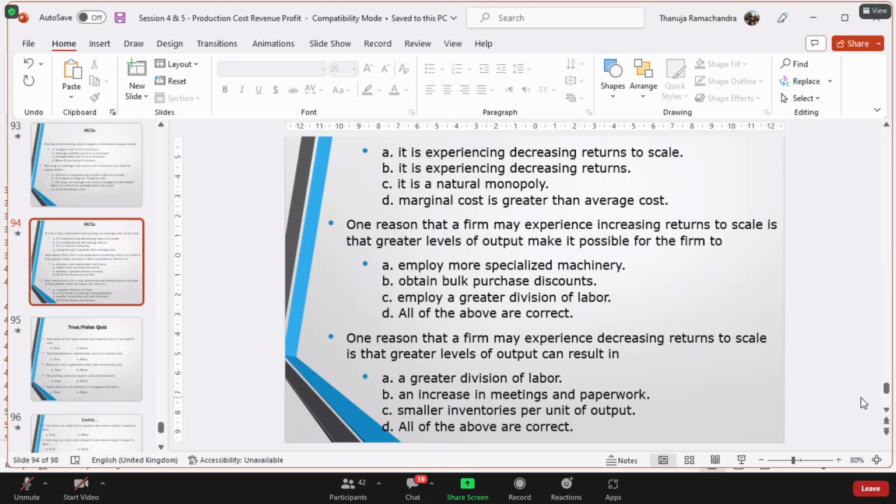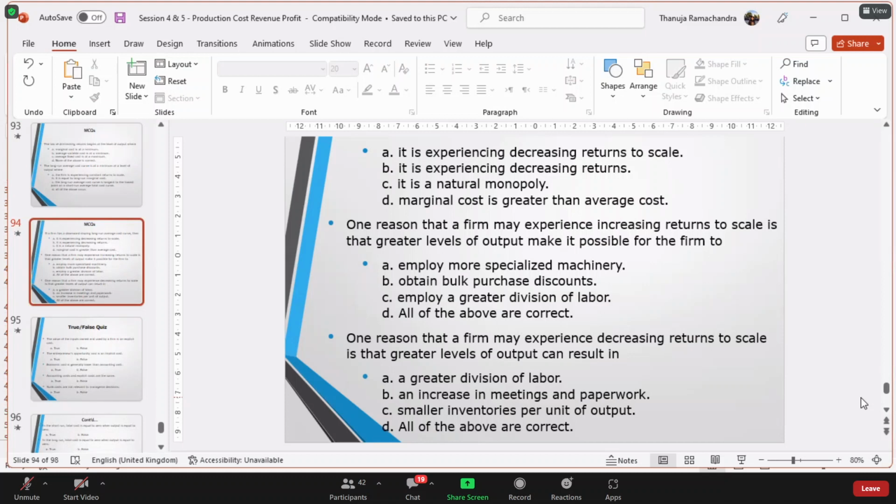Smaller inventories per unit of output. No, inventories are also high. Because you are not able to manage your production, you purchase inventories, but you can't do the production. So production is not properly coordinated. As a result, you experience the long run cost increasing after some time. Okay.